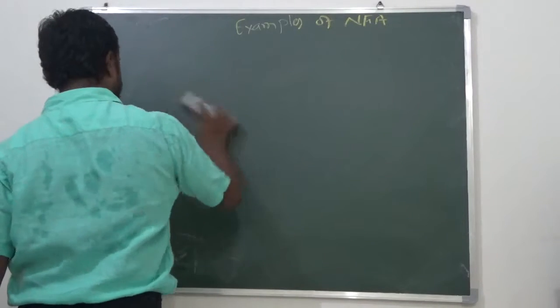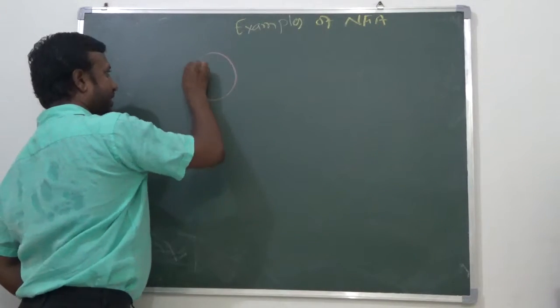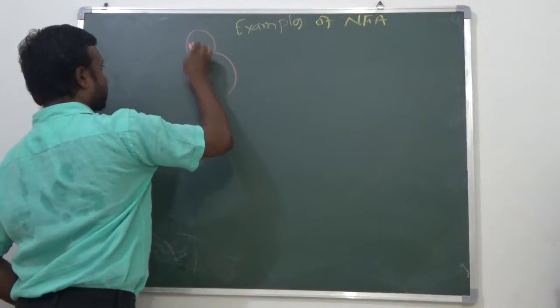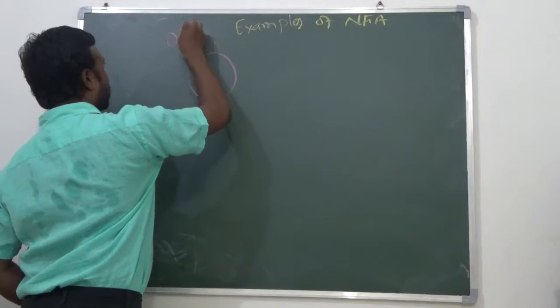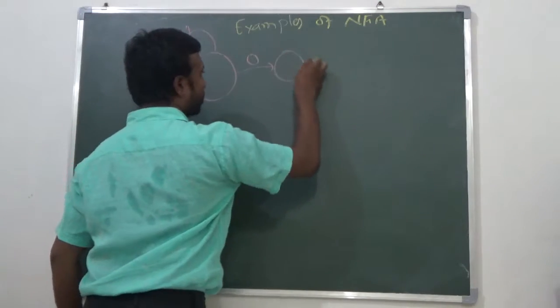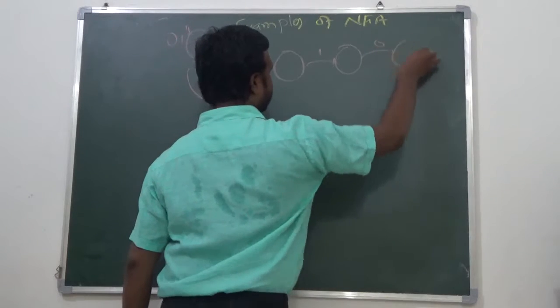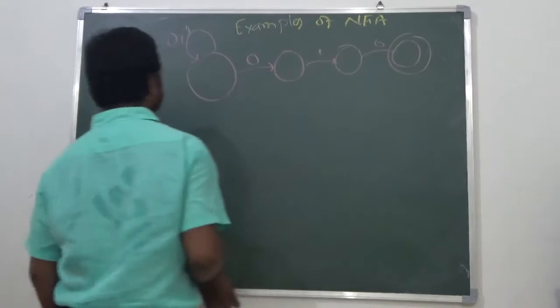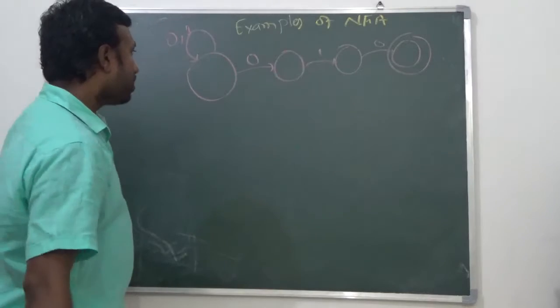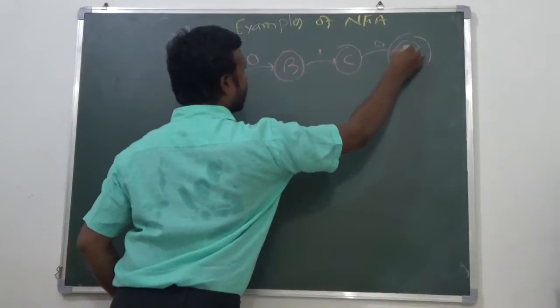Let us use a different color. The transitions are labeled 0, 1, 0, 1, 0, and the states are A, B, C and D.